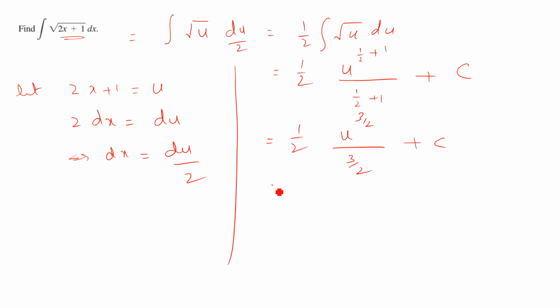So this is equal to 1 by 3 u to the power 3 by 2 plus c. Now it is time to substitute backward. So we have 1 by 3 (2x plus 1) to the power 3 by 2 plus c. So this is the answer.